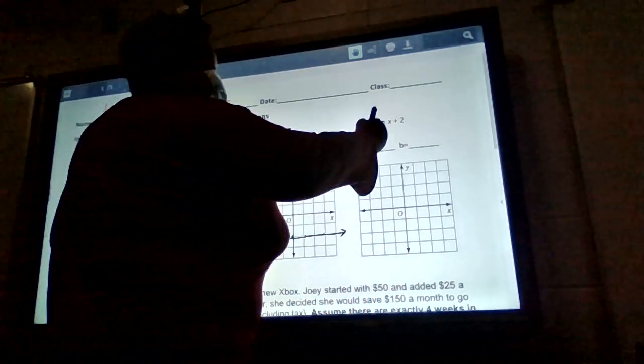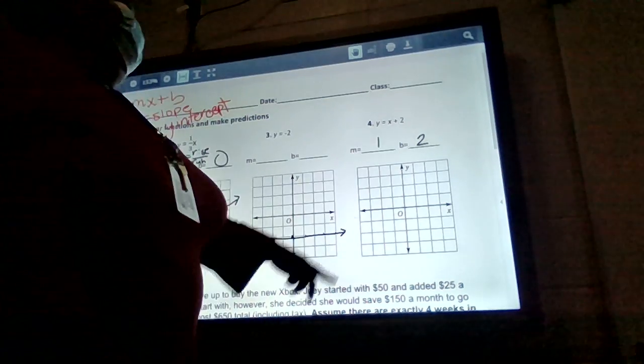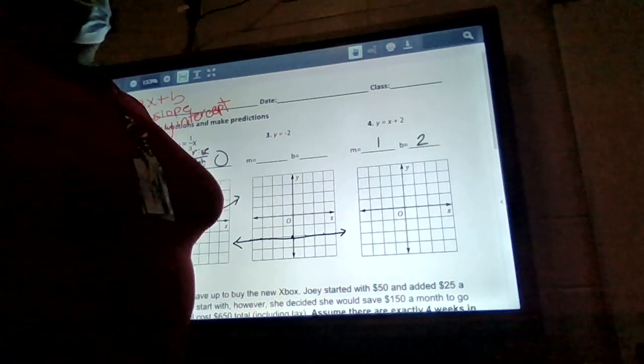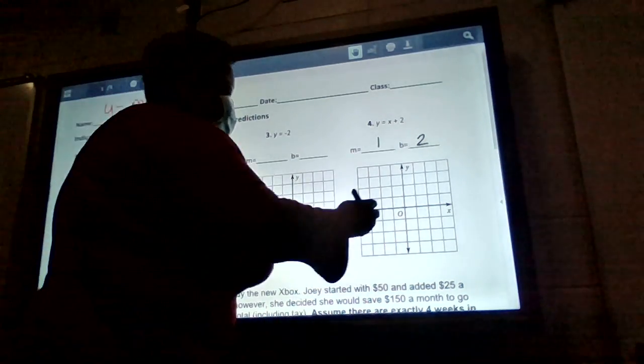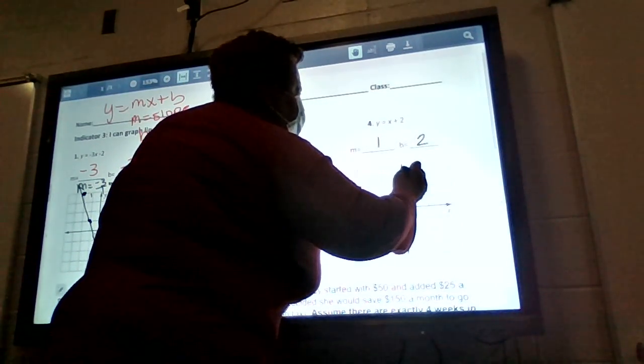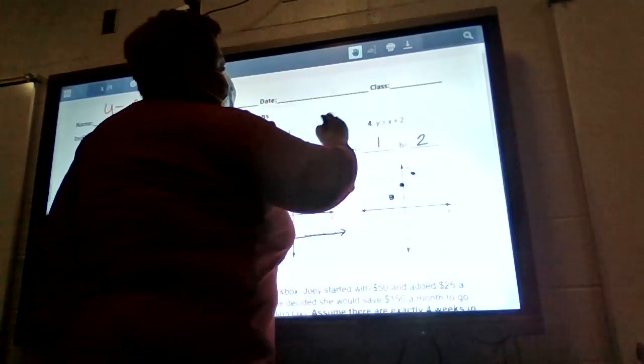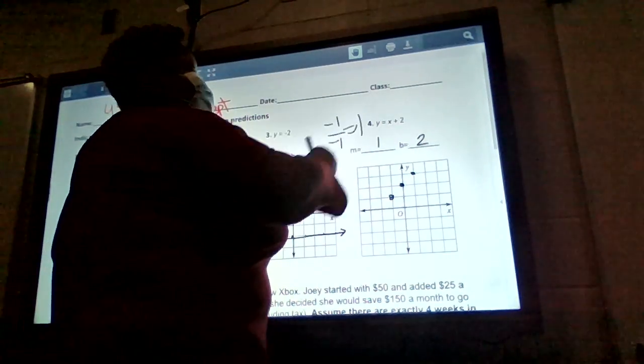So this one, my slope is 1, and my y-intercept is 2. If you don't have a number in front of the x, that's your slope. So my y-intercept, I plot that first, and my slope is 1, so I can go up 1 and over 1. I can also go down 1 and back 1. That's also equal to a positive 1.